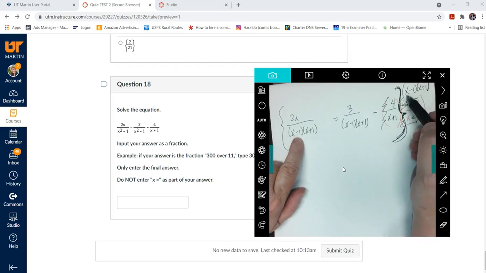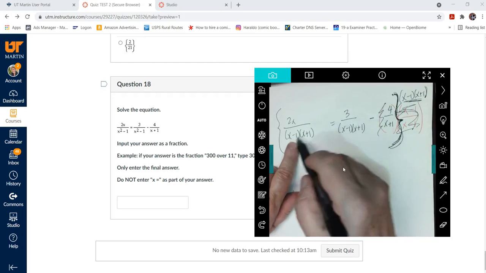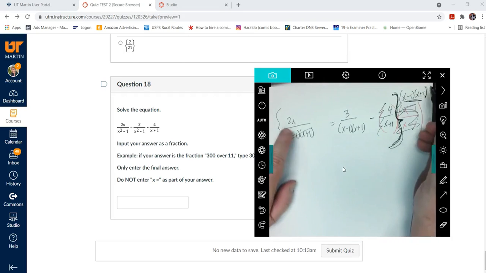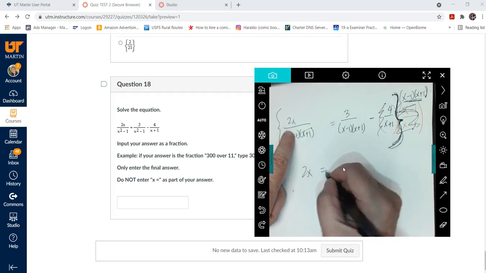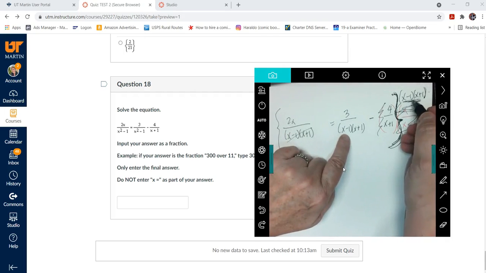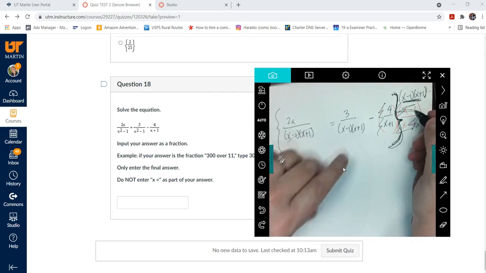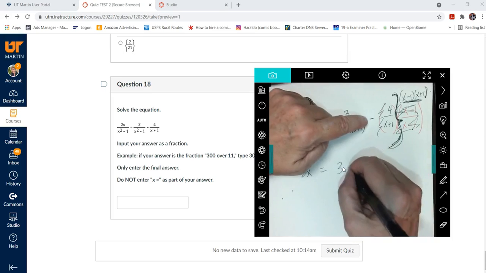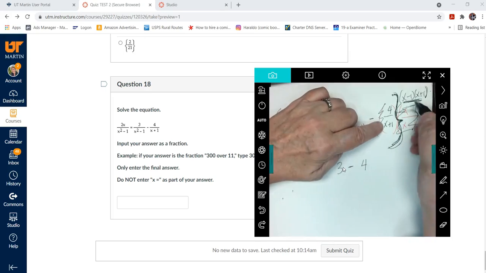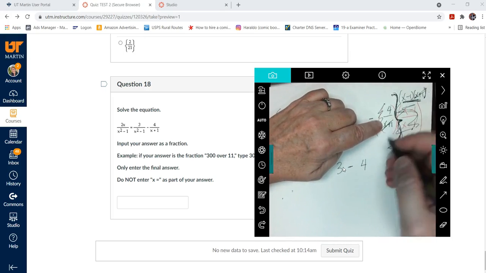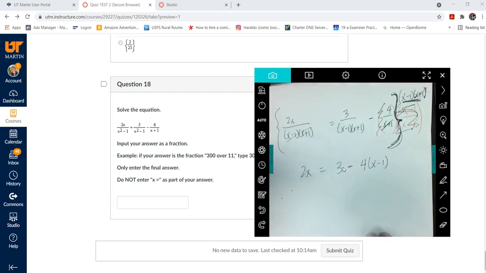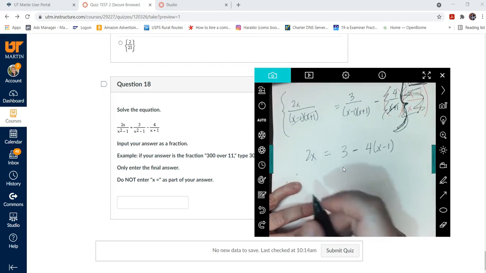Okay, if I multiply this, that cancels both of them out and I'm just left with 2x. If I multiply this term by that cancels out and I'm left with 3. And then here I have minus, and then 4, and the x plus 1's will cancel. I'm left with an x minus 1. Okay, now I can solve this.